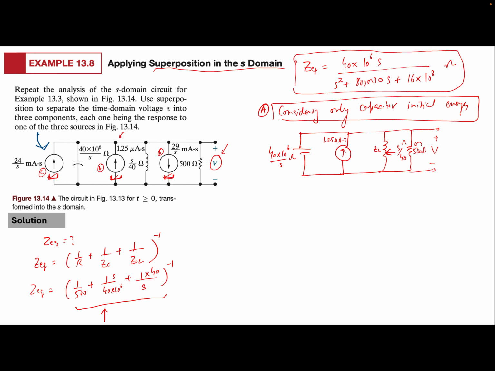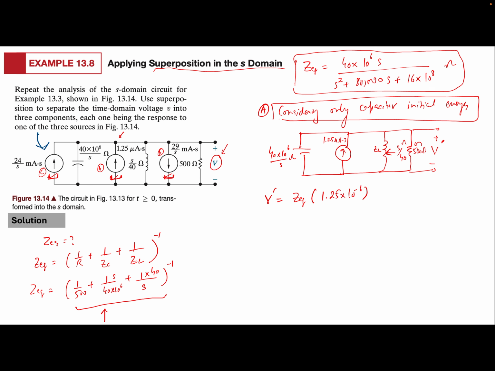Okay, so we are doing A. One more thing is, let me call this voltage V dash, because this is just based on one of these current sources, not all three of them. So let me find this voltage. This V dash would be equal to, again, Z equivalent, which is going to remain the same because we are still considering the impedance of the inductance and the capacitance and also the resistance as well. So Z equivalent times the source, 1.25 into 10 to the minus 6.